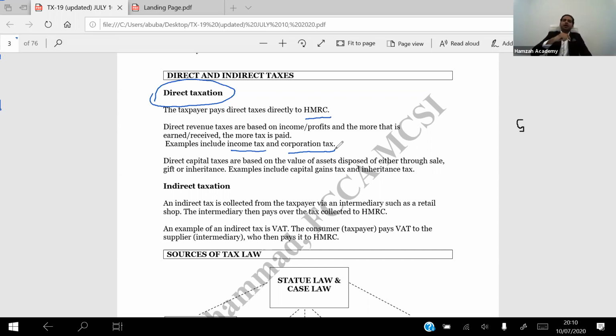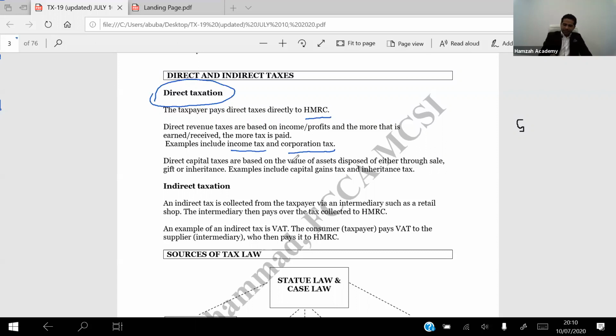Or a company which makes profits of £100,000 and is liable to pay £5,000 tax on that earning, HMRC will collect the tax directly from that company. That's why we call it direct taxes. As you can see, income tax and corporation tax are the ideal examples of direct taxes.